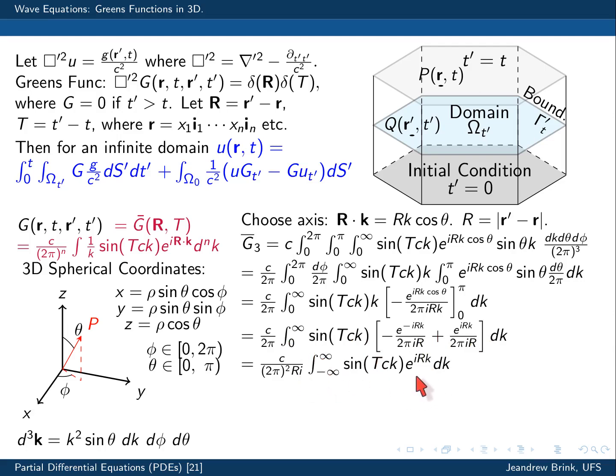Okay, and we can expand even further if we expand sine in terms of its exponential expression, and multiplying out, we get that this expression is equal to e to the ik(ct plus r), minus e to the ik(minus ct plus r).